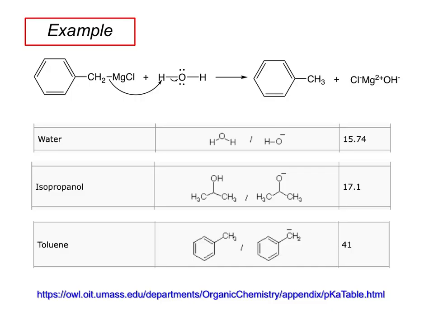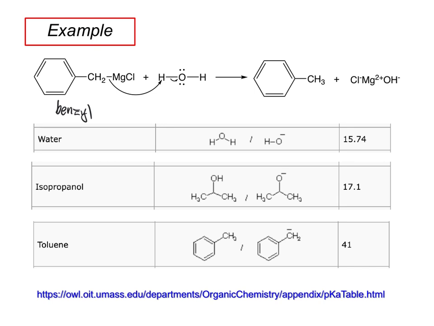So here's a quick example, using some information from this table that I found on the University of Massachusetts Chemistry Department site. It's their organic chemistry class. They had a good pKa table. And so we can see the reaction we're using, we're going to make a benzyl Grignard, right? So this group is called the benzyl group, and we can see here the benzyl group is the conjugate base of toluene, right?